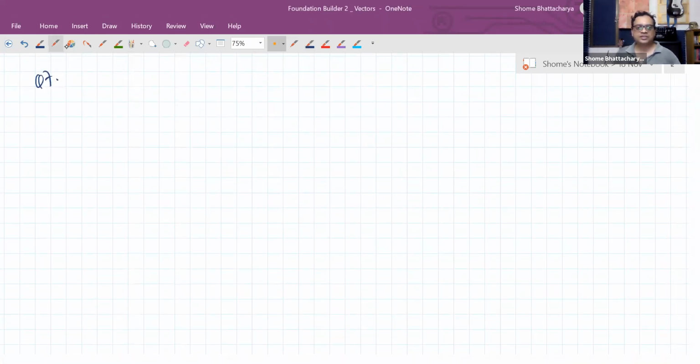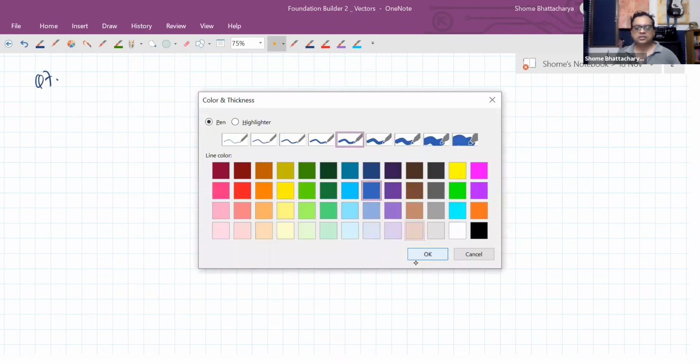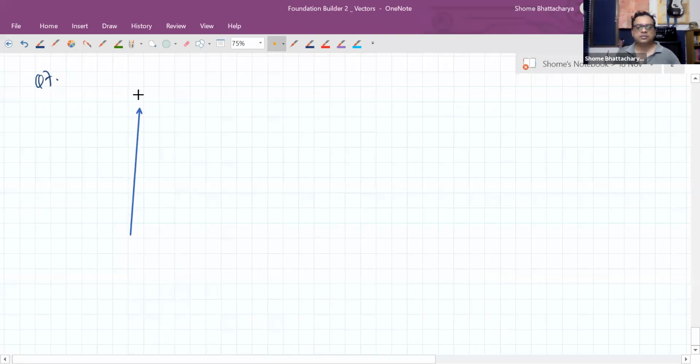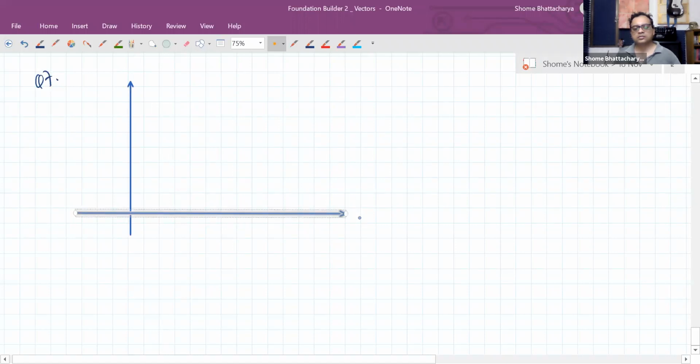So suppose my first system of axes is this one. I've described the given situation using this. So this is my system of axes. Okay.